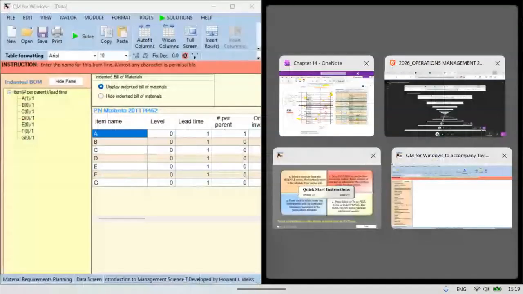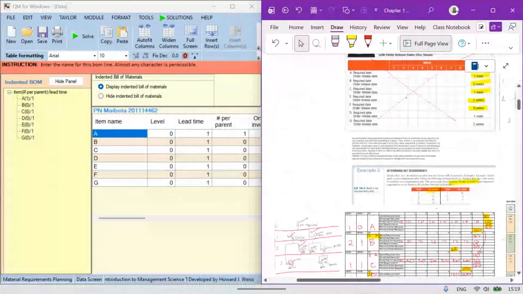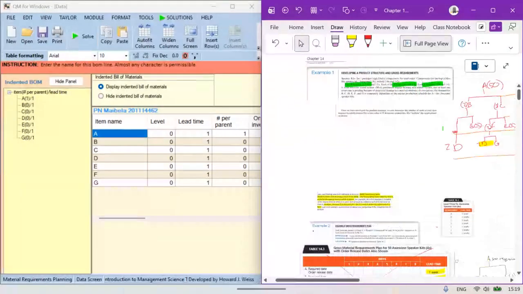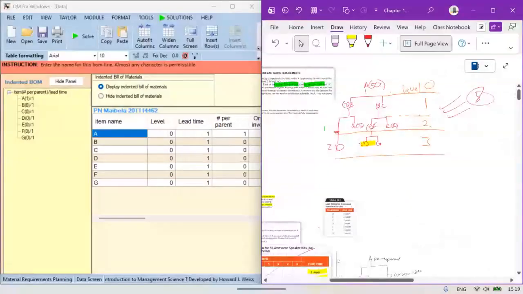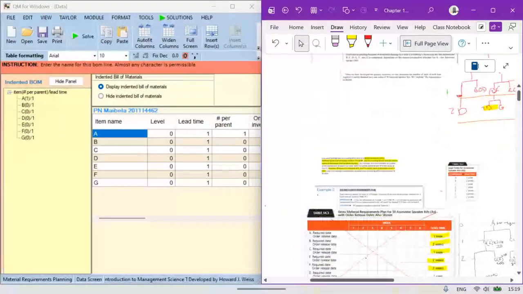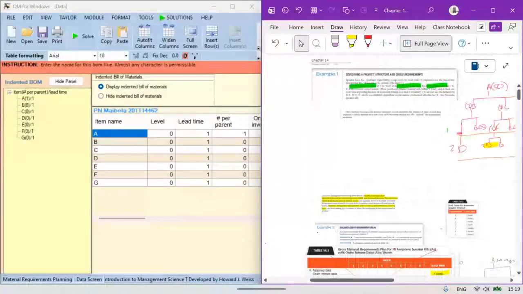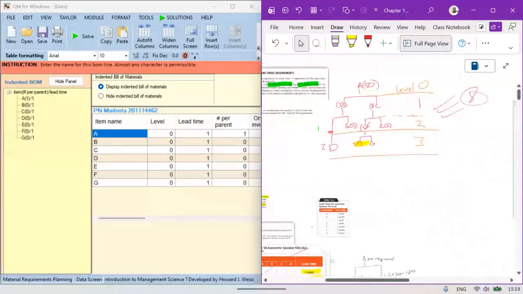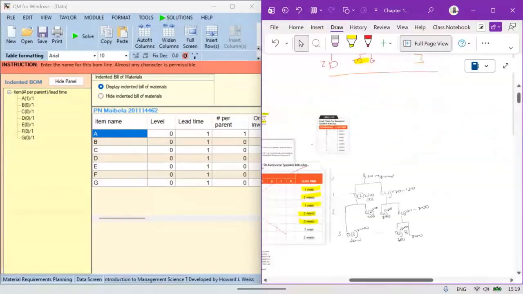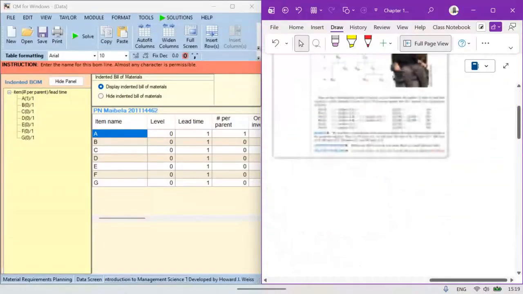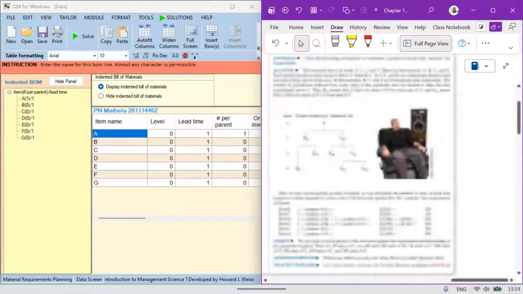So we need the original structure that we drew last time without the low level coding. Where's the structure without the low level coding? Or I'll adjust it in my head, move D to there. Can I get the one without the low level coding? There it is here. No, this one is the correct one.